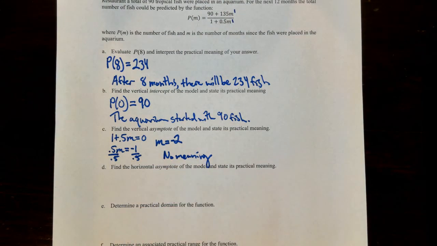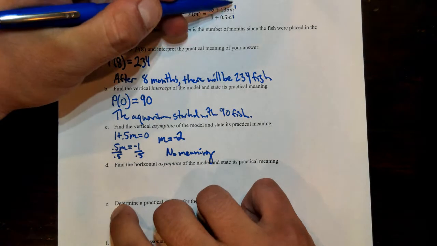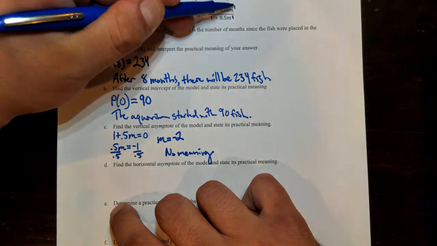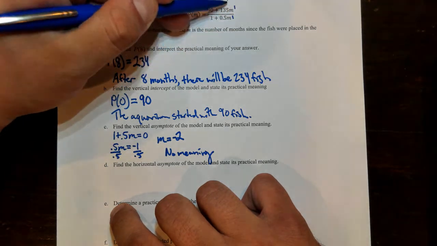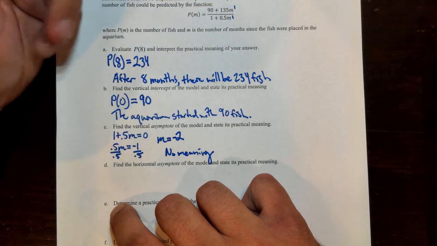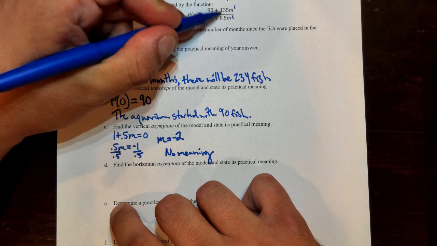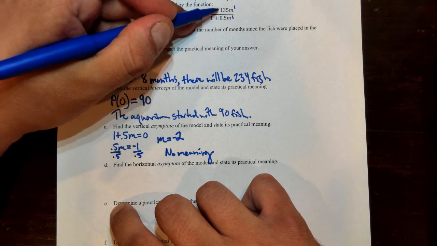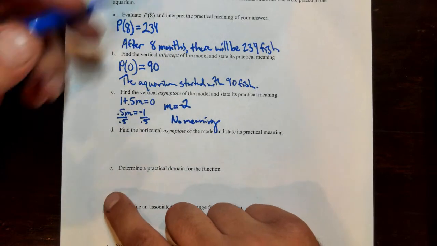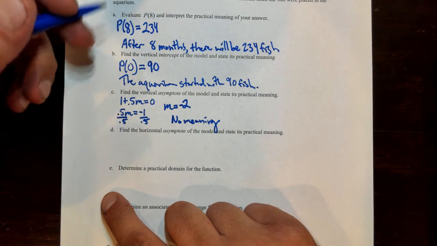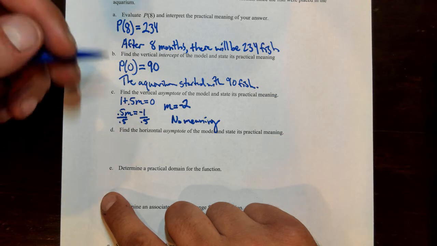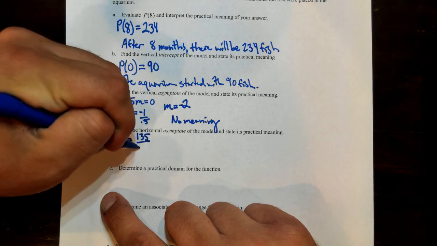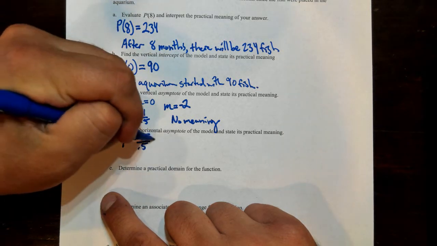And since they both have an exponent of 1, when the exponents are the same on the leading term, then it's just the ratio of the two coefficients, the two numbers that are being multiplied to those variables. So the horizontal asymptote is really just going to be y equals 135 over 0.5, which will give us 270.